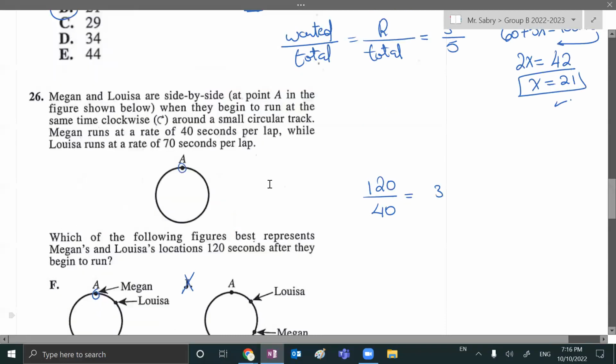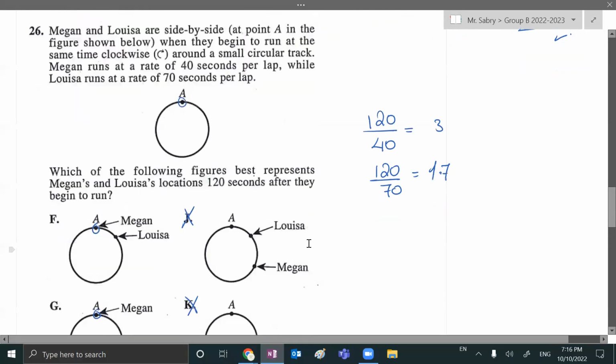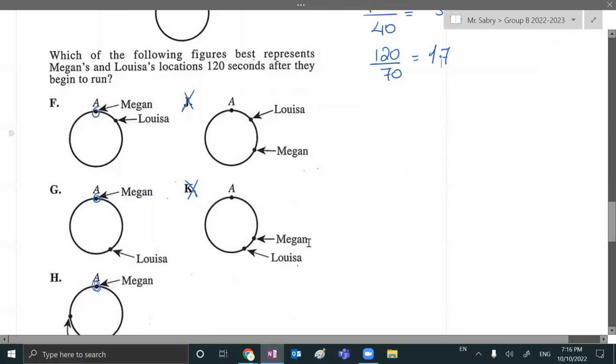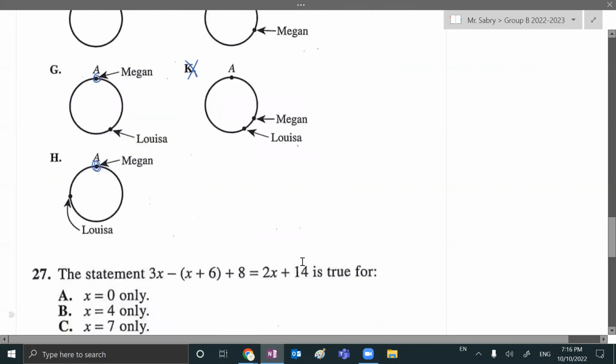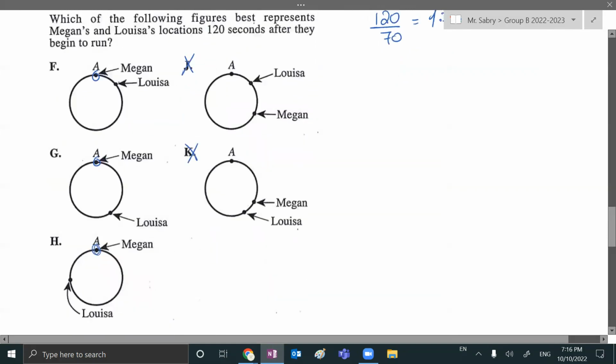Now regarding Louisa, she is supposed to be behind her. How much exactly is she behind? If you divide 120 by 70 on a calculator, that would be 1.7, which means she would have taken a complete circle and 0.7 of a complete circle.